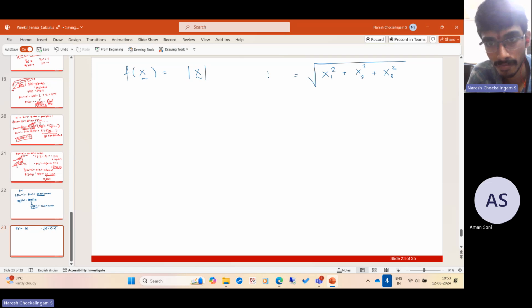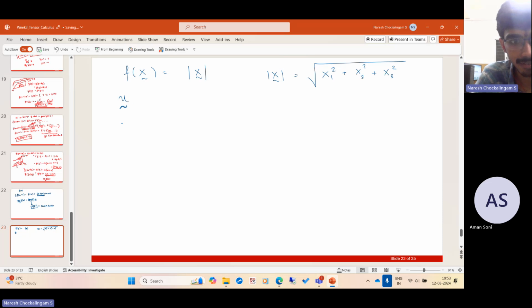So this is the length of a vector in 3D. Now can we linearize this? What is the direction? You can think of a directional derivative of this function in a specified direction u. Suppose u is a specified direction.